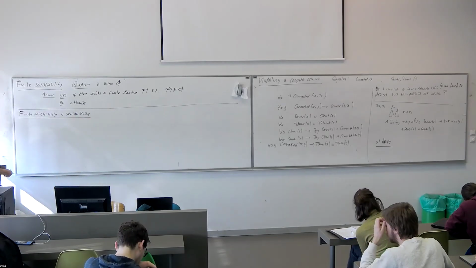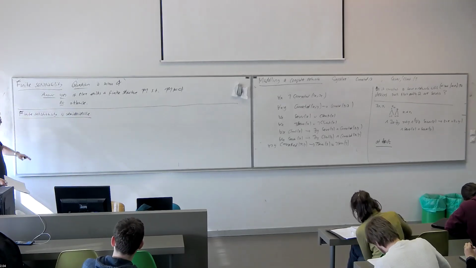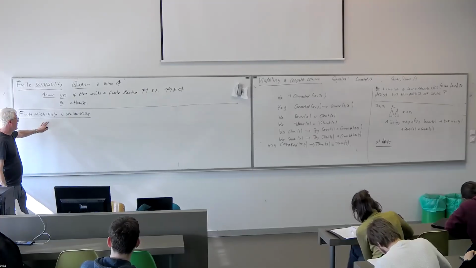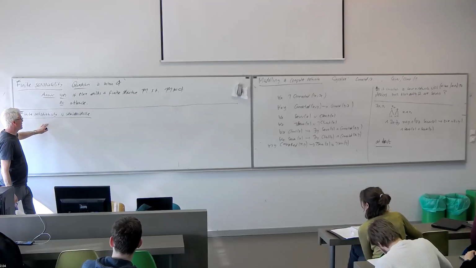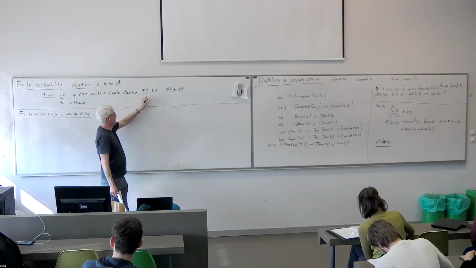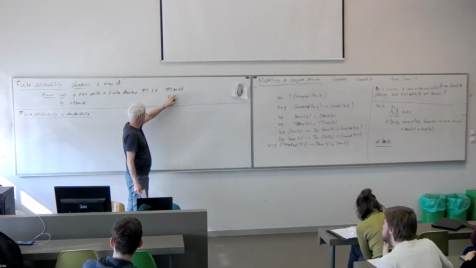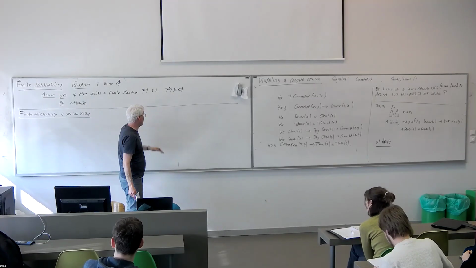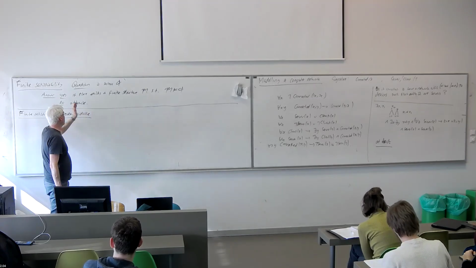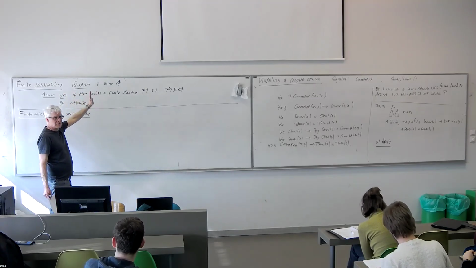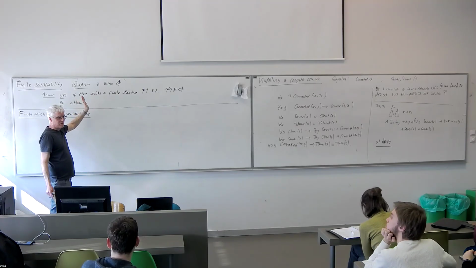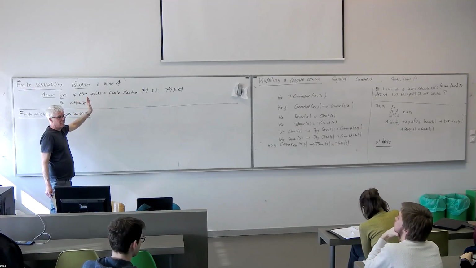So we do have an algorithm, if you remember the definition of semi-decidable, that in the case that the sentence is finitely satisfiable will always correctly answer yes. But in the case that it's not finitely satisfiable, it will run forever.